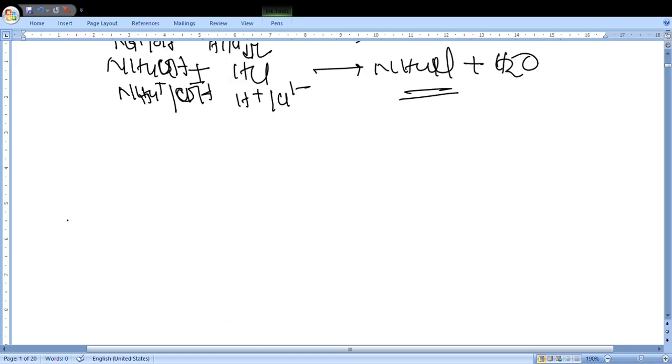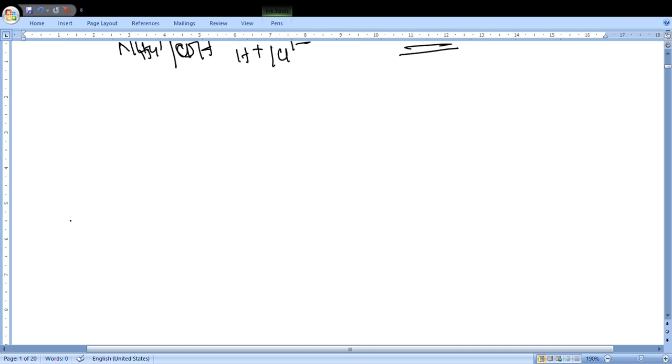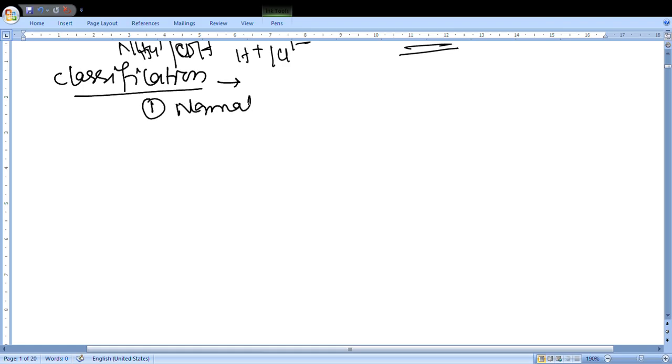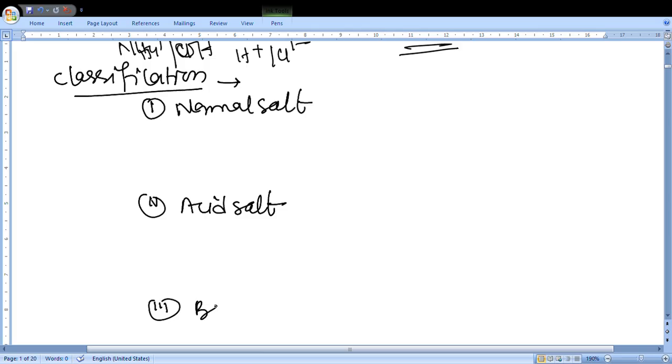Now we come to classify the salts. We have to study especially three types of salts. One is normal salt, another is acid salt, and another will be basic salt.